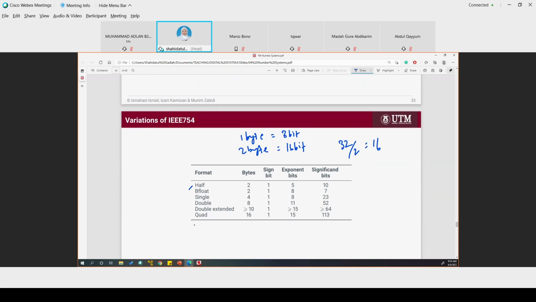And then we also have the bfloat, which is different in the number of significand bits. And then single precision is 32 bits, where the significand is 23 bits, with an 8-bit exponent and a 1-bit sign. And then double precision is 8 bytes, meaning 64 bits. And then we have double extended, and also quad, meaning 16 bytes.